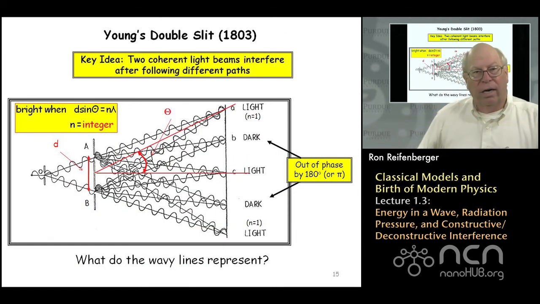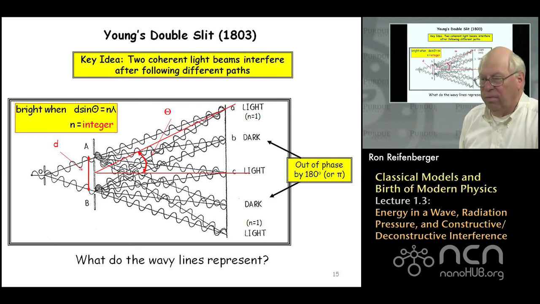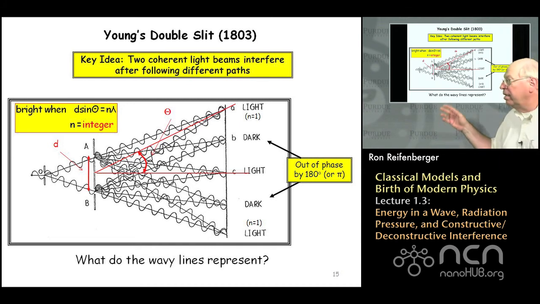The important breakthrough suggesting that visible light was a wave was actually achieved in 1803 by Young in England. Young illuminated two slits in a screen. The two slits are referred to as A and B, and are separated by a distance d.